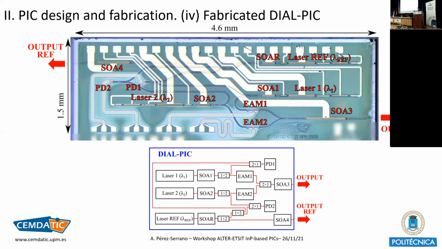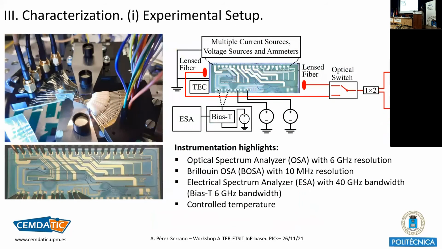For the characterization, we have used multi-contact probes, like is shown here, then 2 lens fibers. Here you can see the photograph. And we have used an optical switch in order to record both outputs at the same time with an OSA, an optical spectrum analyzer with a 6 gigahertz resolution, or a BOSA, a Brillouin optical spectrum analyzer with 10 megahertz resolution.